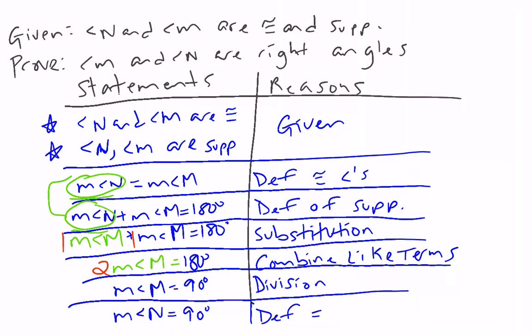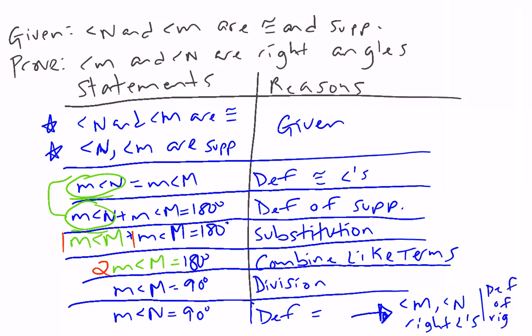And my last line, of course, just need room for my last line because that's how it works, is that angle M and angle N are right angles. And that's just by definition of what a right angle is. So that's my reason, definition of right angles.